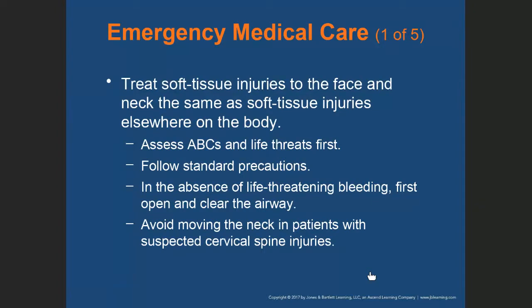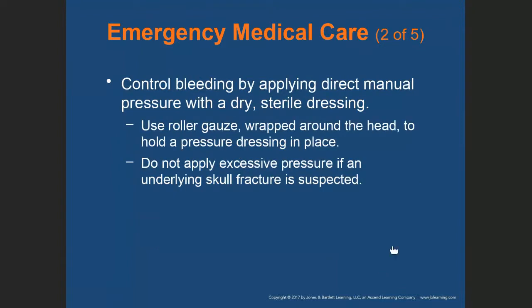Avoid moving the neck in patients that you suspect have cervical complications or cervical spine injuries. Control bleeding by applying direct pressure with a dry, sterile dressing. Use a roll of gauze wrapped around the head to hold the pressure dressing in place.